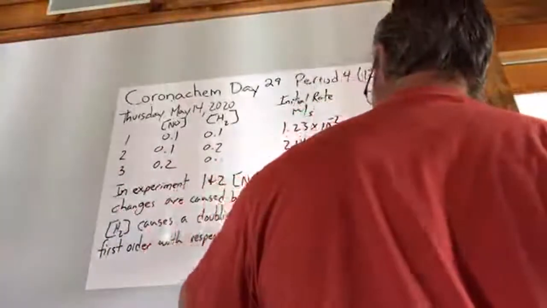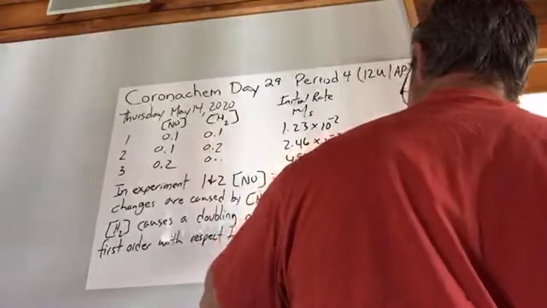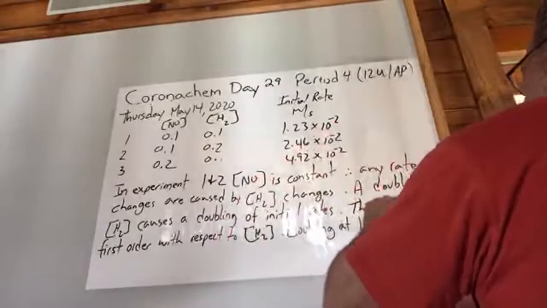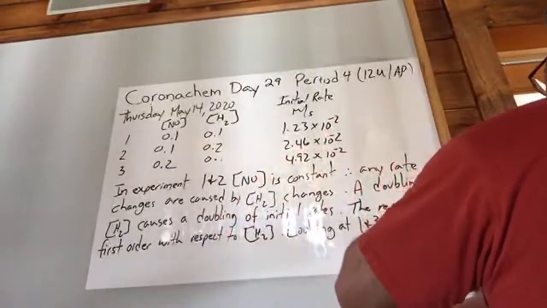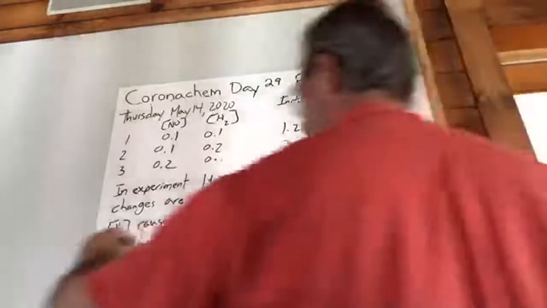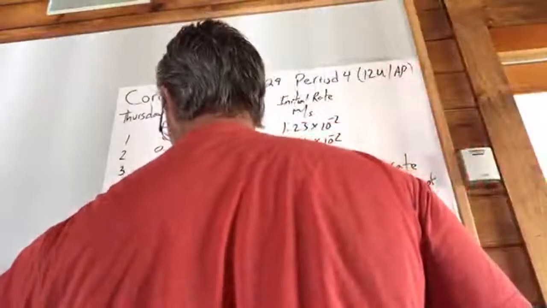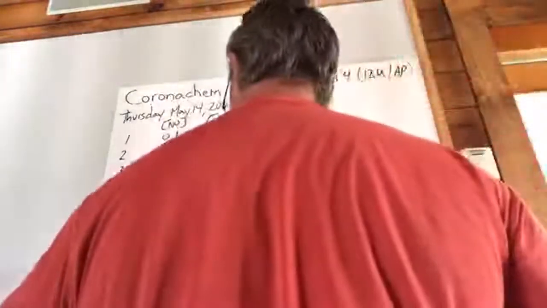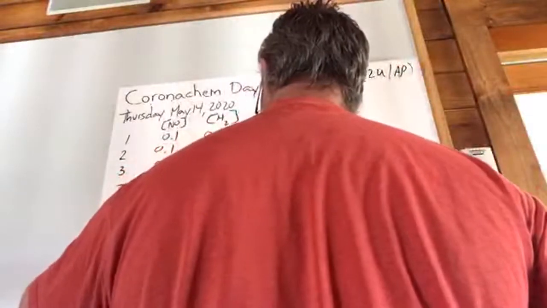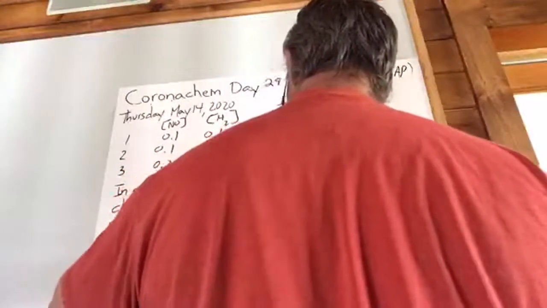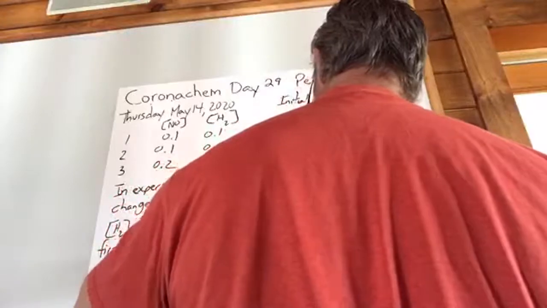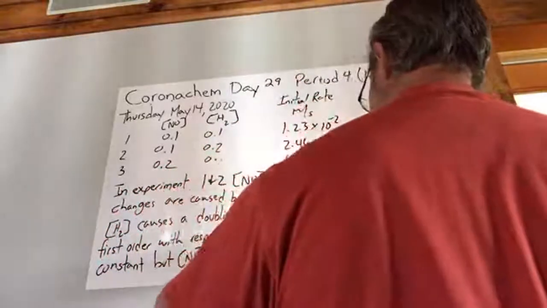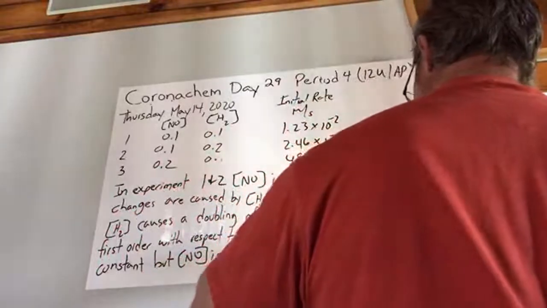Looking at 1 and 3, the hydrogen concentration is kept constant, but NO concentration is doubled, which quadruples the rate.